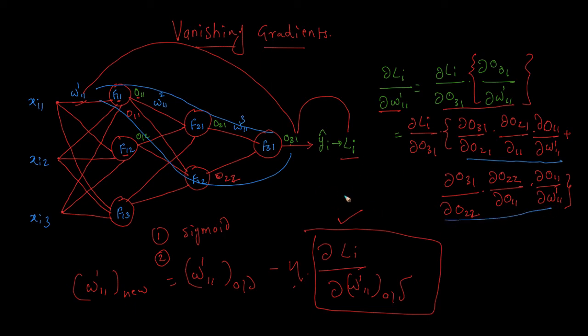The important point to note is that we are taking the derivatives of these outputs. The derivative of an output is nothing but the derivative of the activation function, because this output is the result of applying the activation function on the sum. For example, this derivative is nothing but the derivative of sigma of the sum coming here with respect to O21. So ultimately we are taking the derivative of the sigma.